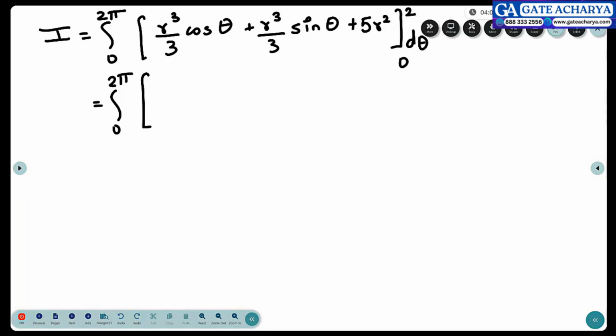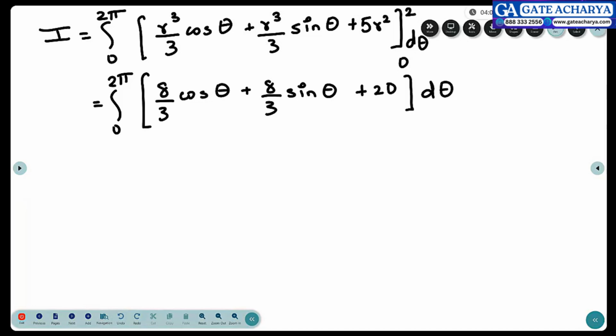If I apply r is equal to 2, what do I get? 8 by 3 cos theta plus 8 by 3 sin theta plus what? r square, that is 4. 5 into 4 is what? Now substitute d theta.